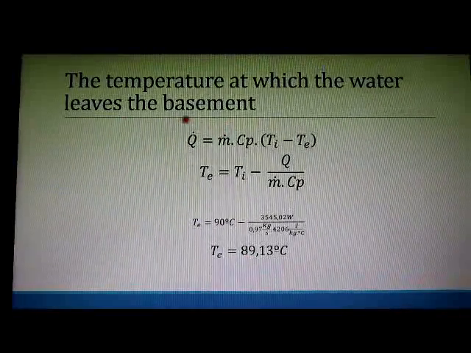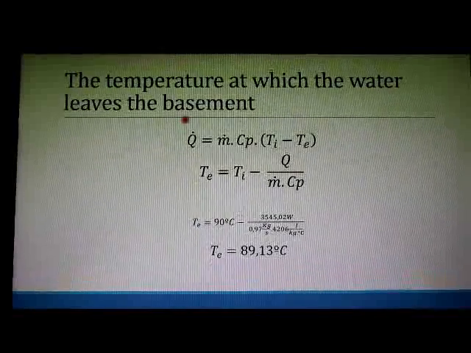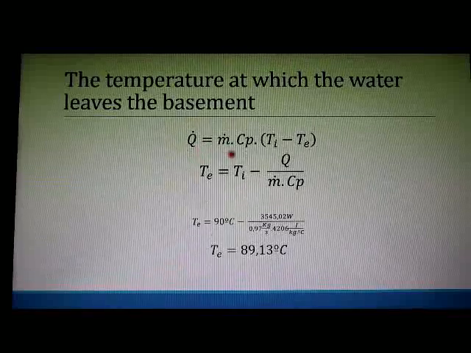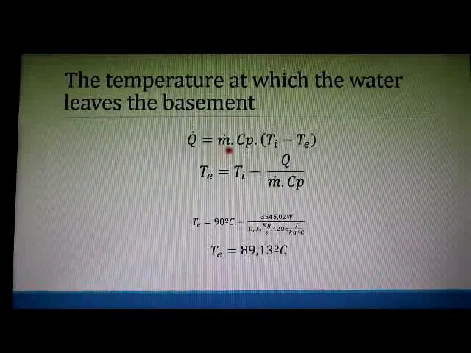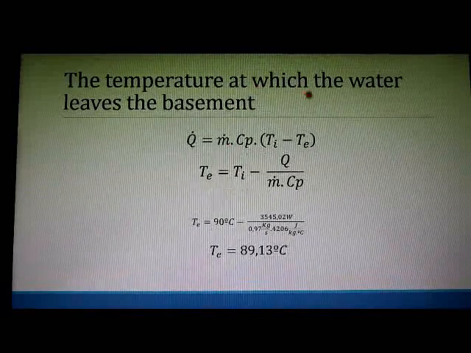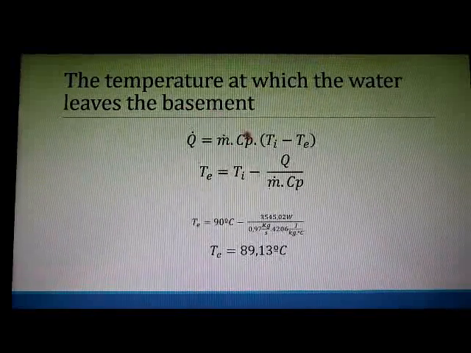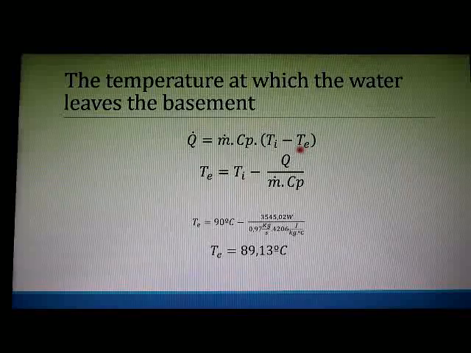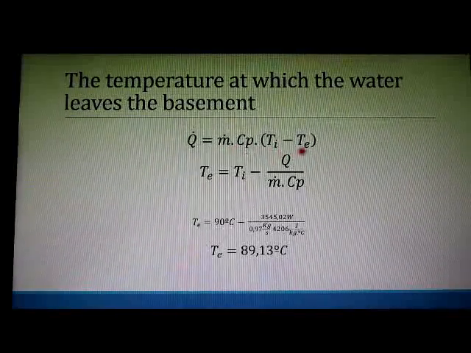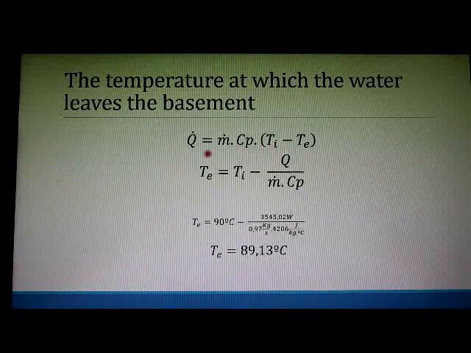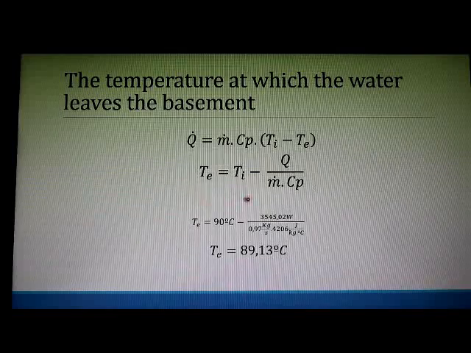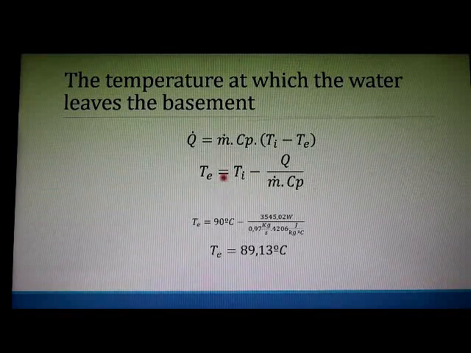Why did we have to find this mass flow? Because in the next equation we're going to use it here. This equation is to find the temperature at which the water leaves the basement. It is this temperature. That means that we have to find this equation and replace in it all this data.